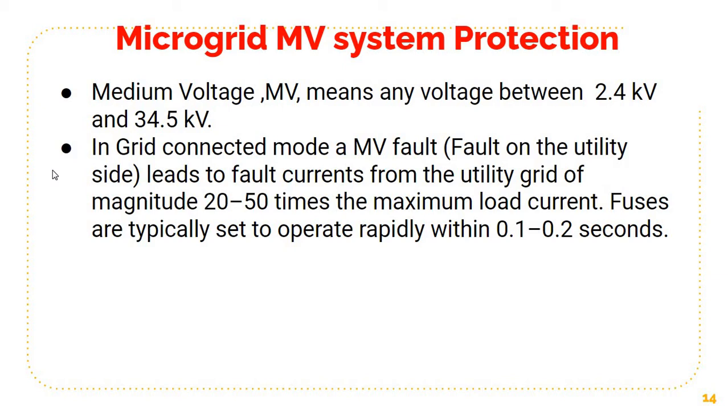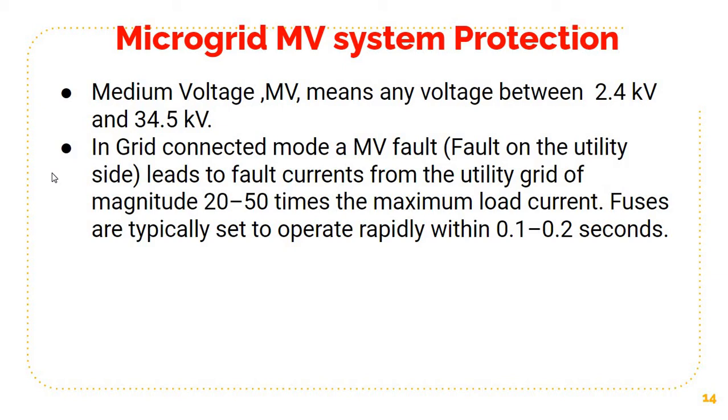If there is an MV fault, you should understand that the distribution part is LV and the input side of the transformer is MV. So basically an MV fault means a fault on the utility side.